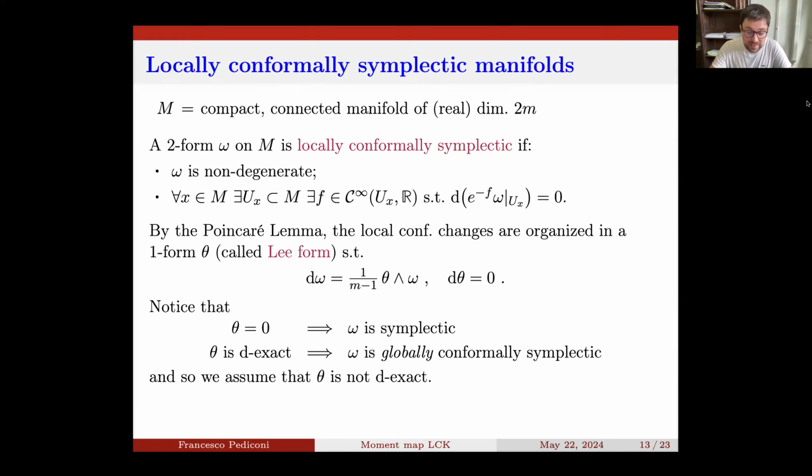And if theta is exact, it means that theta has a global potential, and this precisely means that the two-form omega is globally conformal to a symplectic form. Since we are interested in the non-Kähler setting, we are going to assume that this one-form theta is not exact.